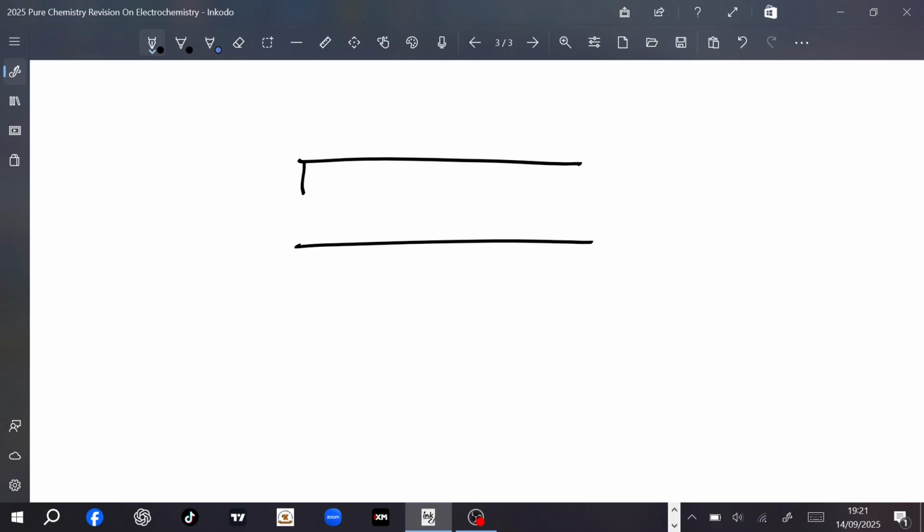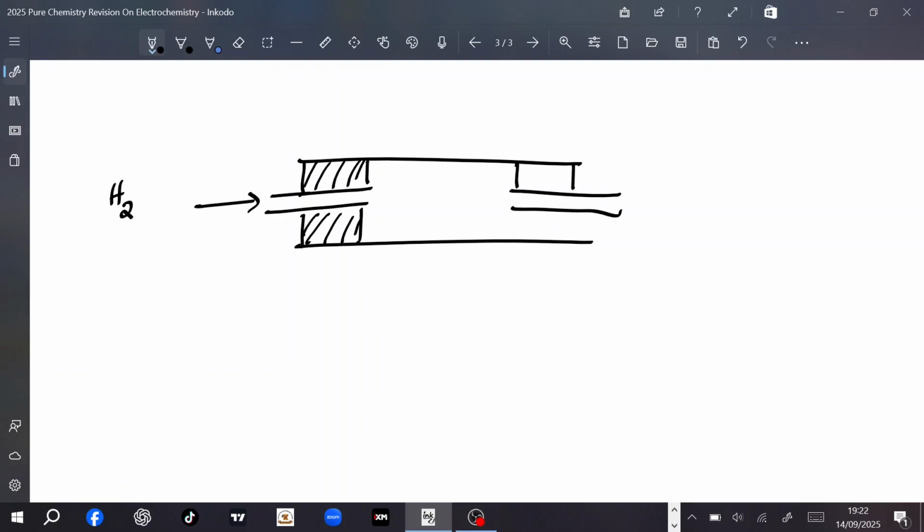So in this combustion tube, here you indicate hydrogen gas in. This is a rubber bung enclosure. Then also here you do the same.